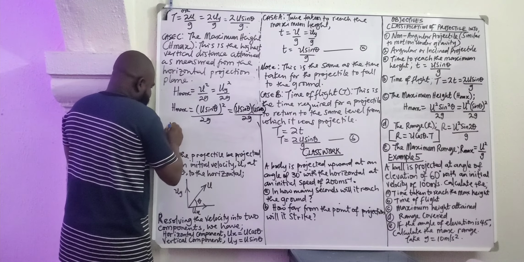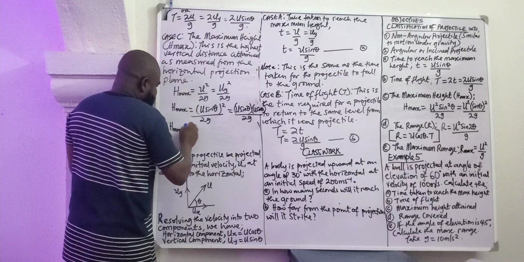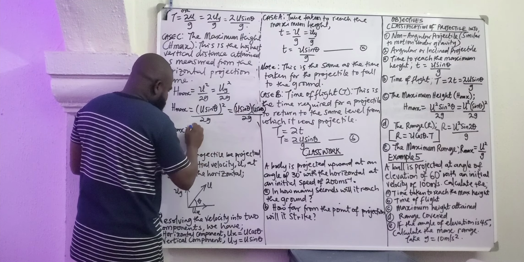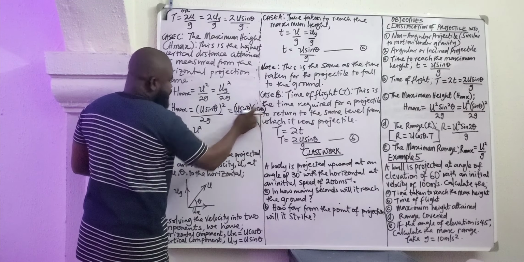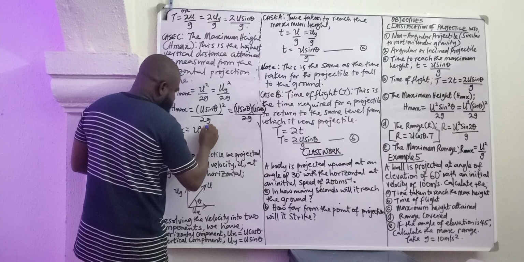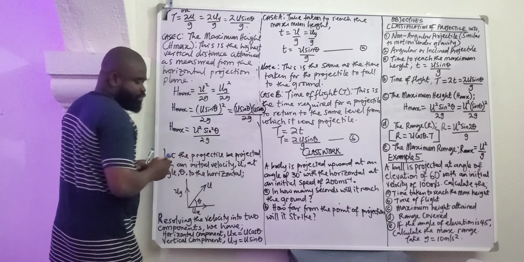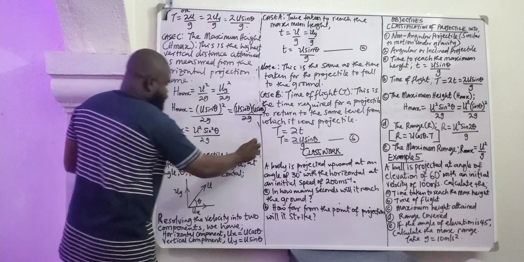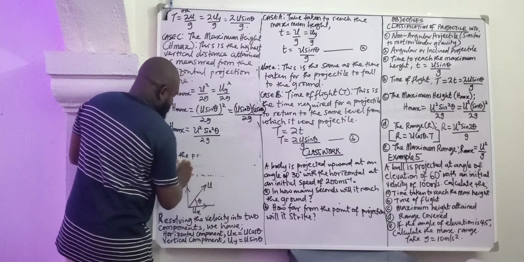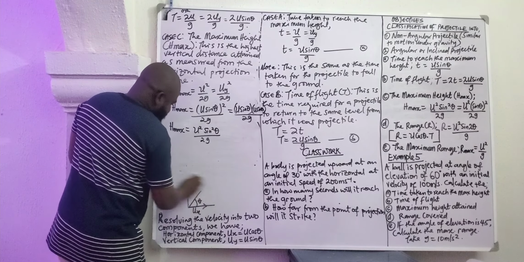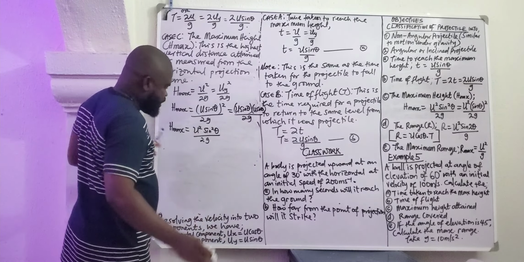And of course, that will give you that H max is equal to u times u, which is u squared, sine theta times sine theta is sine squared theta, over 2g. And that is the formula for looking for the maximum height attained by an inclined projectile.